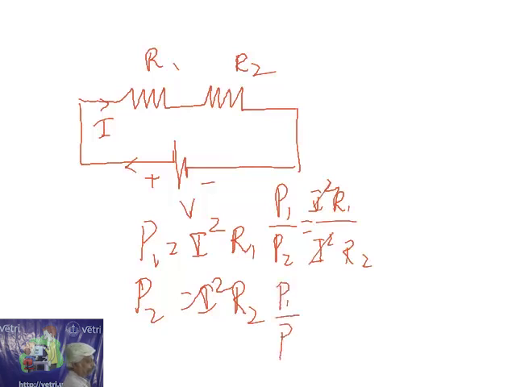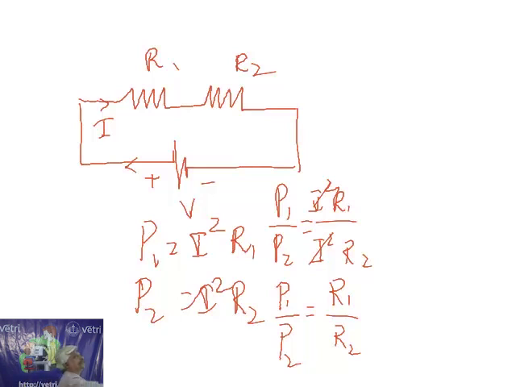Therefore, P1 by P2 is equal to simply R1 by R2. This is the power ratio when two resistors are connected in series. If two resistors R1 and R2 are given, simply find the ratio, that will give the power ratio. This is the formula for the series connection.